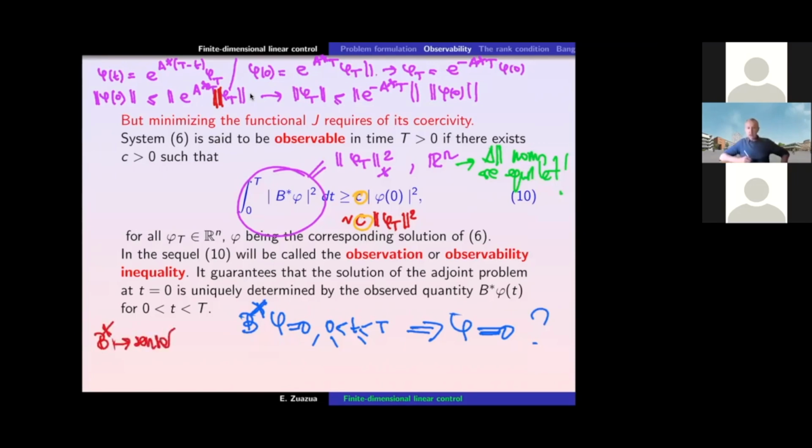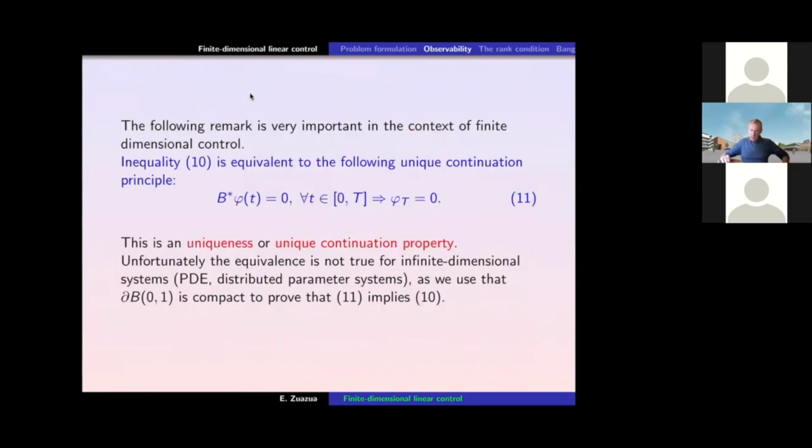How many sensors do I have? Well, I have M sensors. It's the output of this measurement. And out of this measurement done during the time interval 0 to t, I need to be able to determine fully the state, right?